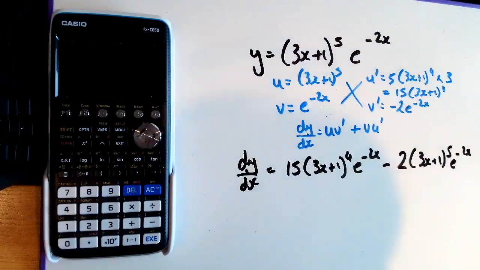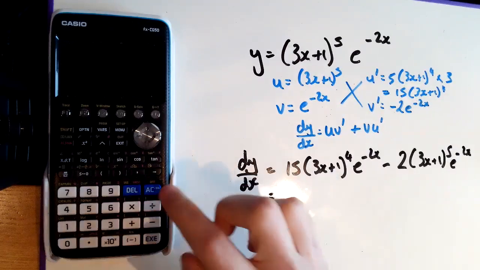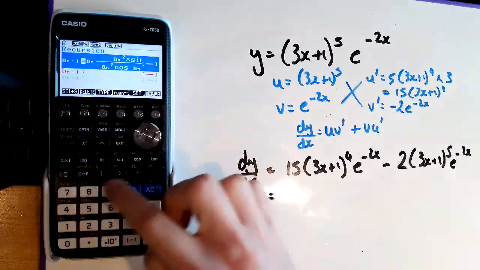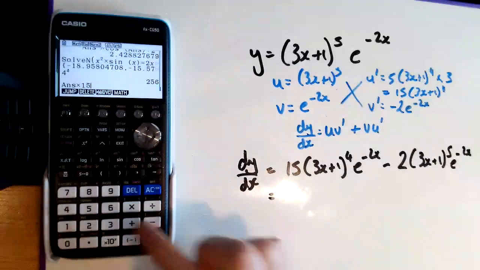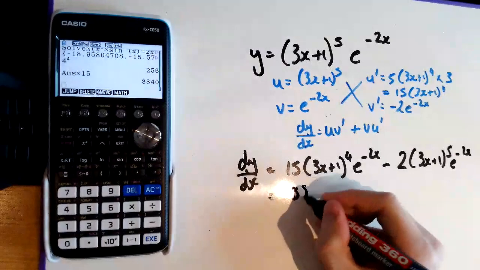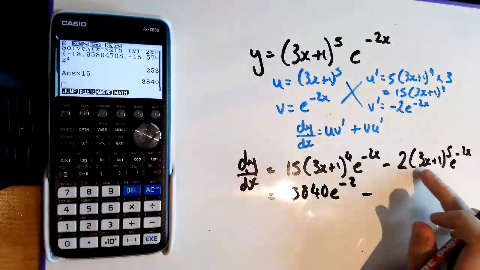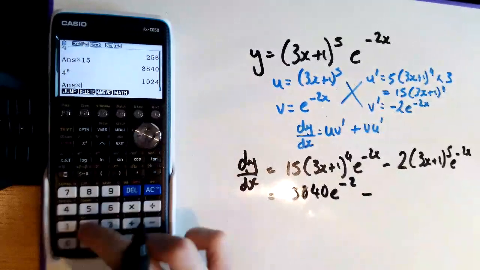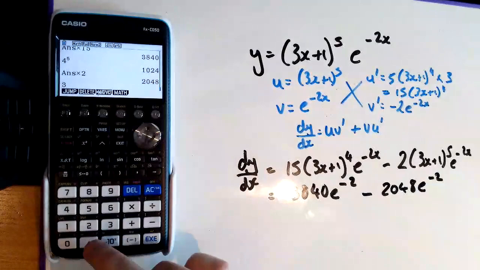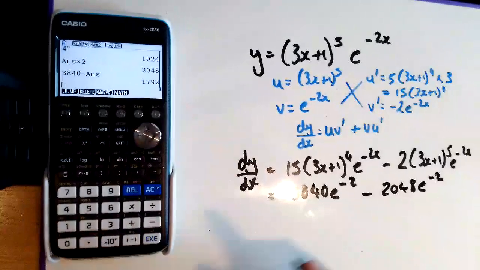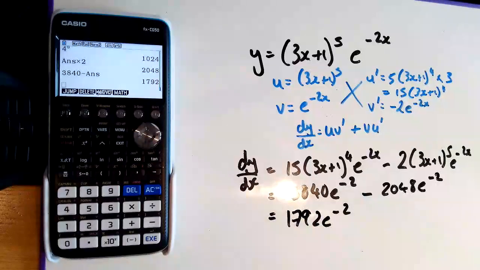Sub in x equals 1, so we get 4 to the power 4, then we're going to times that by 15, so I've got 15 times 4 to the power 4 e to the power of minus 2, take away 4 to the power 5 times by 2, so 2048 e to the minus 2, and take it away gives me 1792 e to the minus 2. And that's it. I'll leave it like that because the question wants exact.